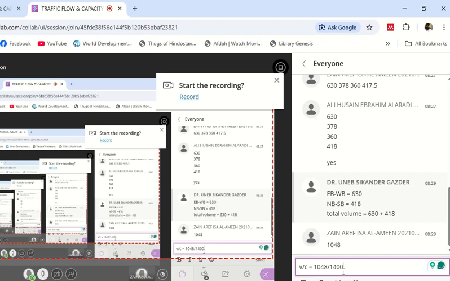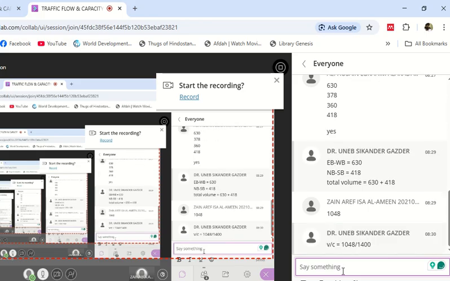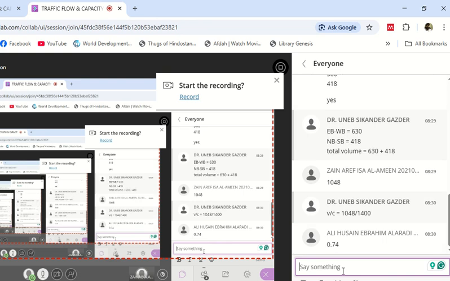This is for one lane, keep in mind, this is for one lane only. So how much is this? 0.74.